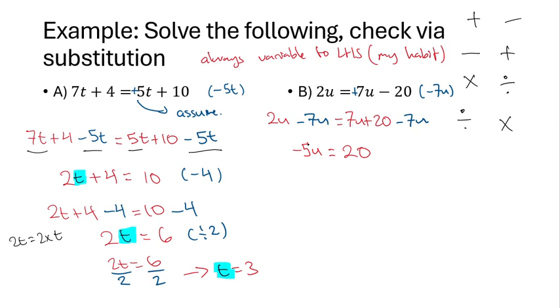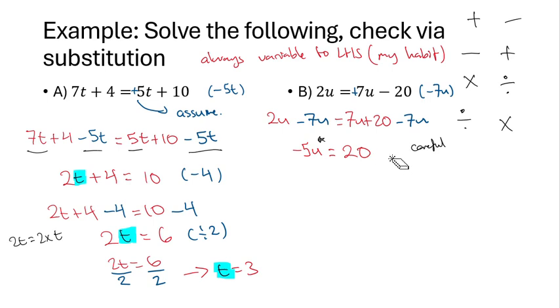Now, this is another mistake that people make. They'll see that negative sign there, and a lot of people will actually say that they want to plus 5u, which is not what you ideally want because remember, we're solving for the letter u.